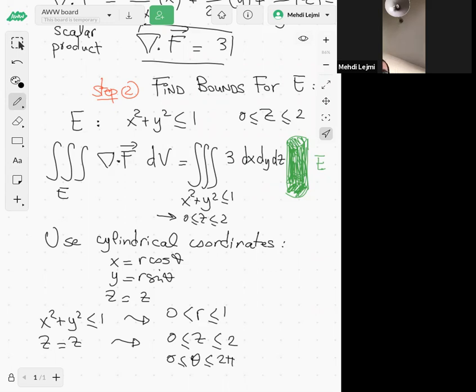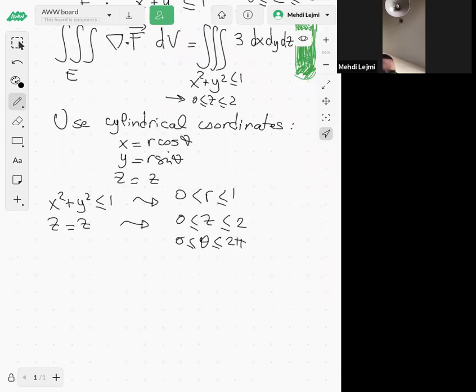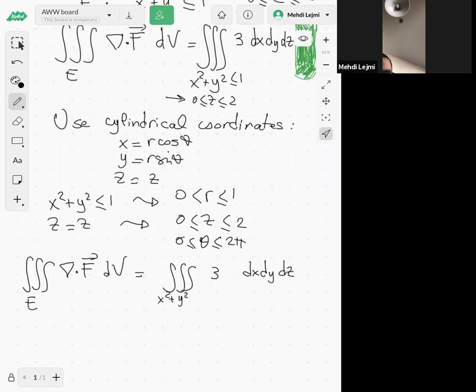So again, this is a triple integral over E of the divergence of f dV, which turns out to be 3 dx dy dz, with x squared plus y squared less than or equal to 1 and z between 0 and 2. Now I'm going to use cylindrical coordinates.